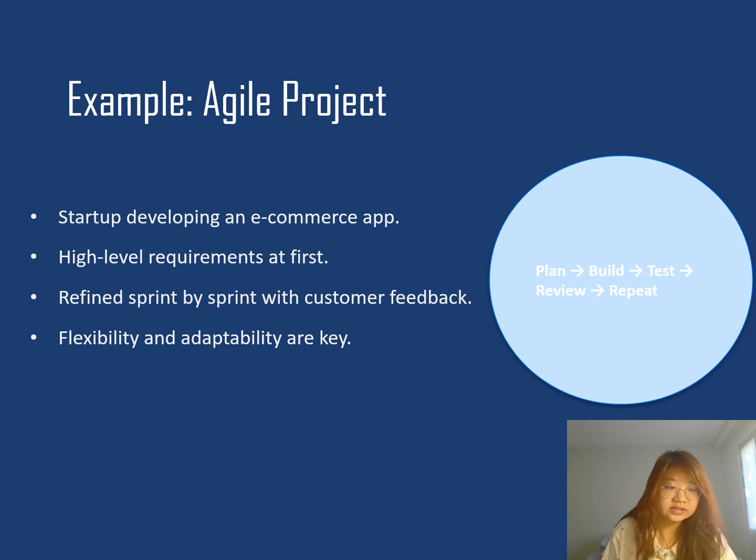So instead, they start with broad requirements and then refine them sprint by sprint. Users test the early versions of the app, give feedback, and the requirements are adjusted to match current needs. This makes Agile a natural choice for such fast-moving projects.